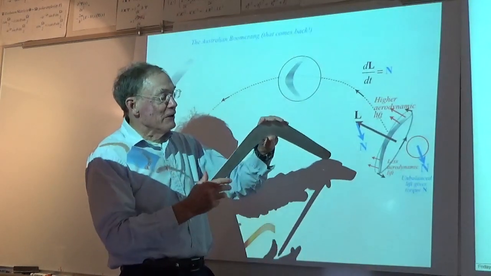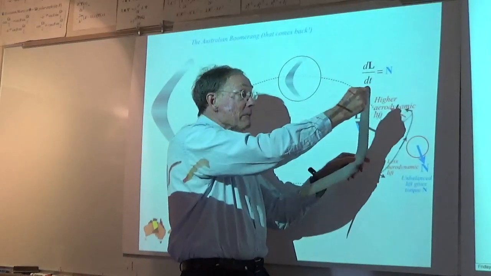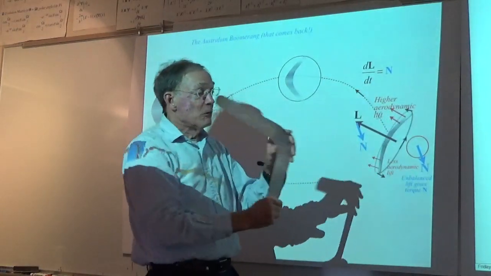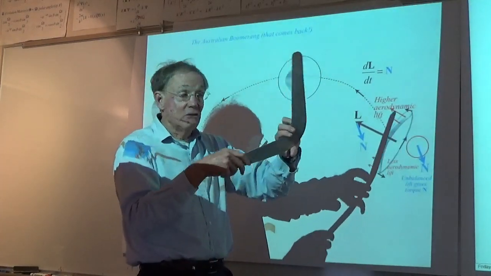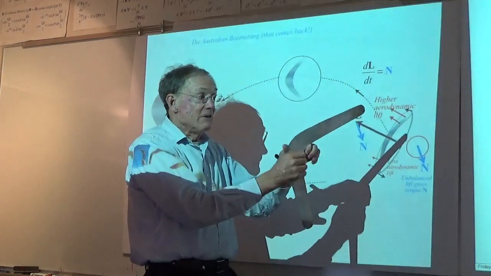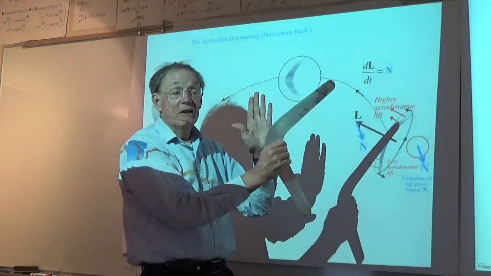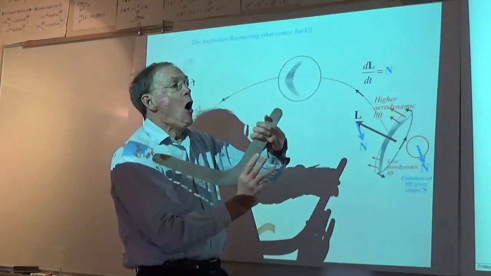What's going on there is that the upper wing, okay, upper blade, okay, with the translational motion that you've given it, is adding its rotational velocity to the airflow velocity over the wing, or the blade, okay?